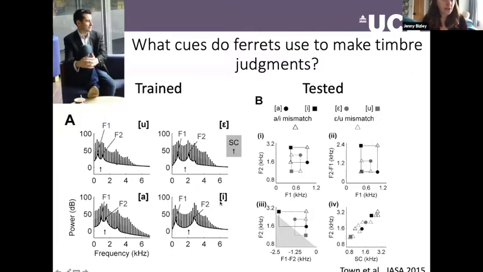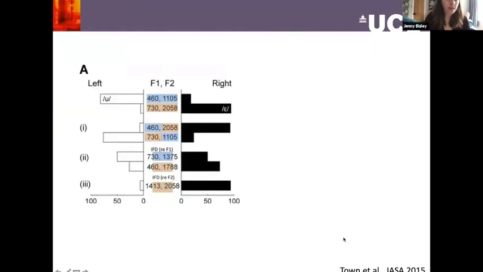And a final set took the interformant distance and anchored it to the second formant, although that yields some mismatch vowels that are impossible because they would have a negative first formant frequency, so we don't have complete sets for them. We can also compute for each of these mismatch vowels what their spectral centroid is, and it's quite tightly correlated with the second formant frequency.